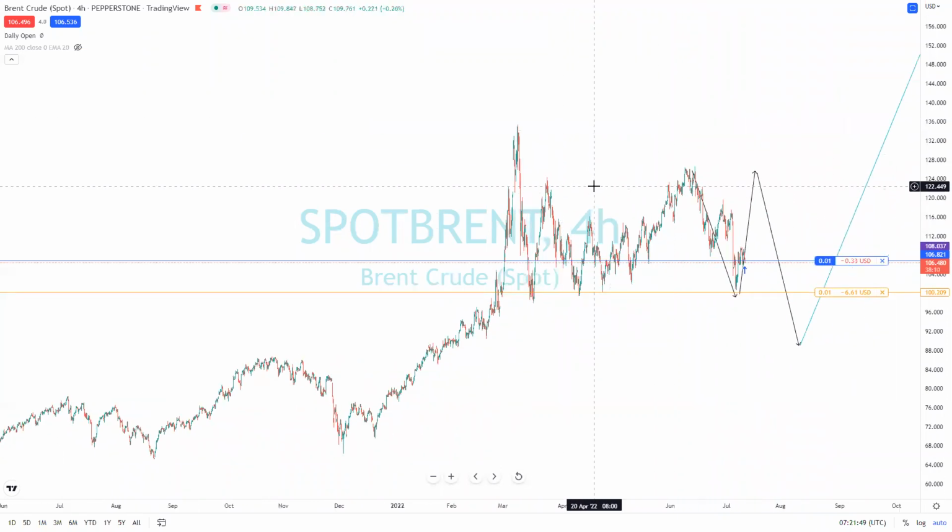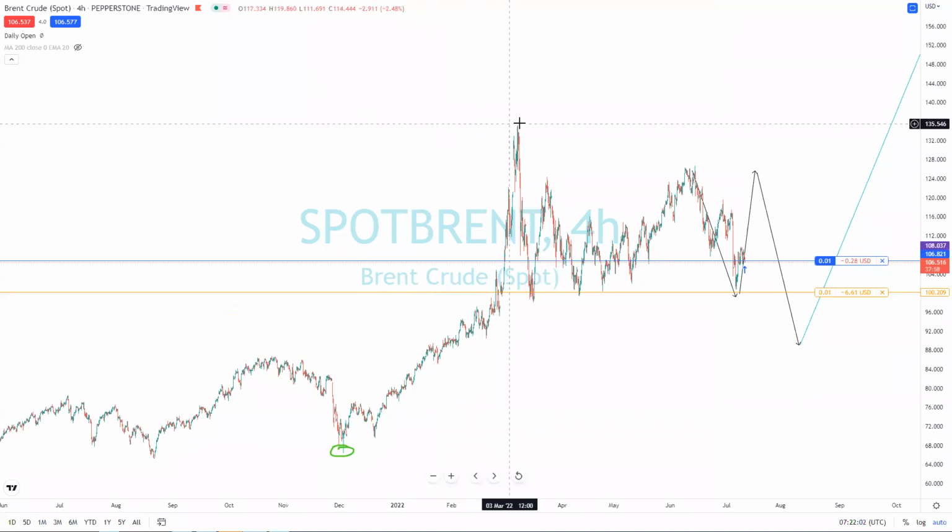If we look at Brent crude oil from these lows of around December 2021 to these highs of around March 2022, the market appears to have gone up in an impulsive wave, right? And what we are currently having here is a corrective structure.